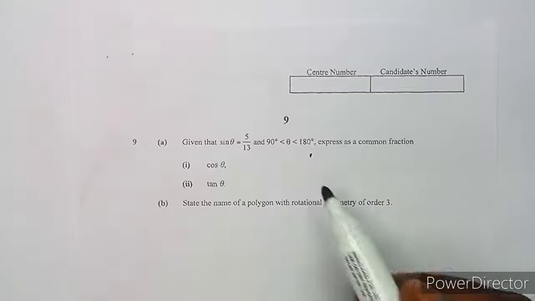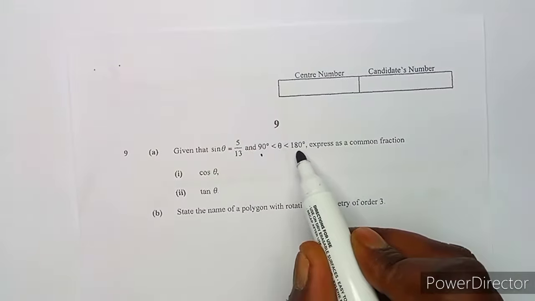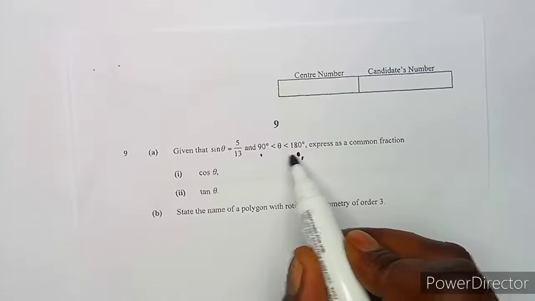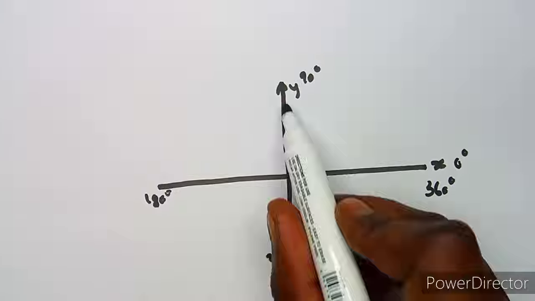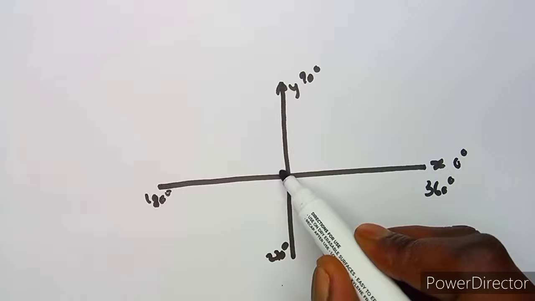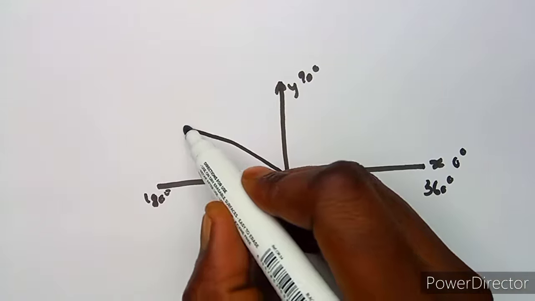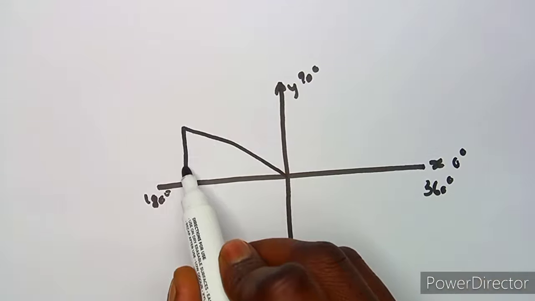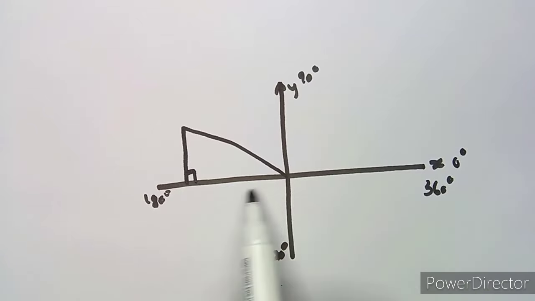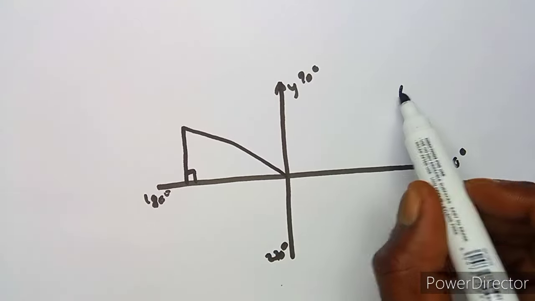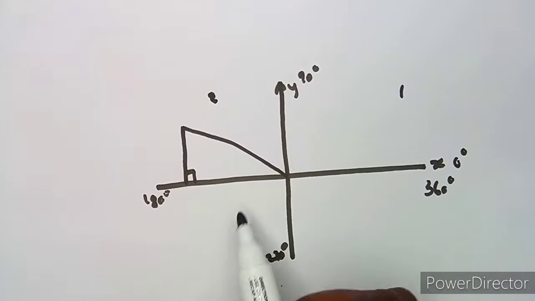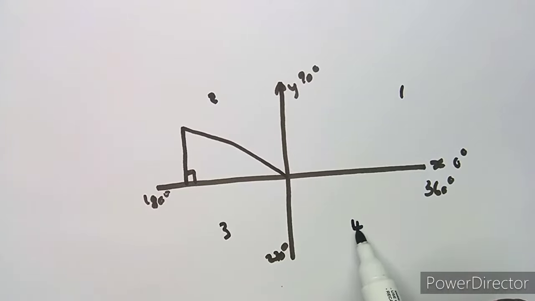We are given that theta is between 90 and 180, so this is how your right angle triangle is going to look. It is in the second quadrant. This is your first quadrant, second quadrant, third quadrant, and fourth quadrant.